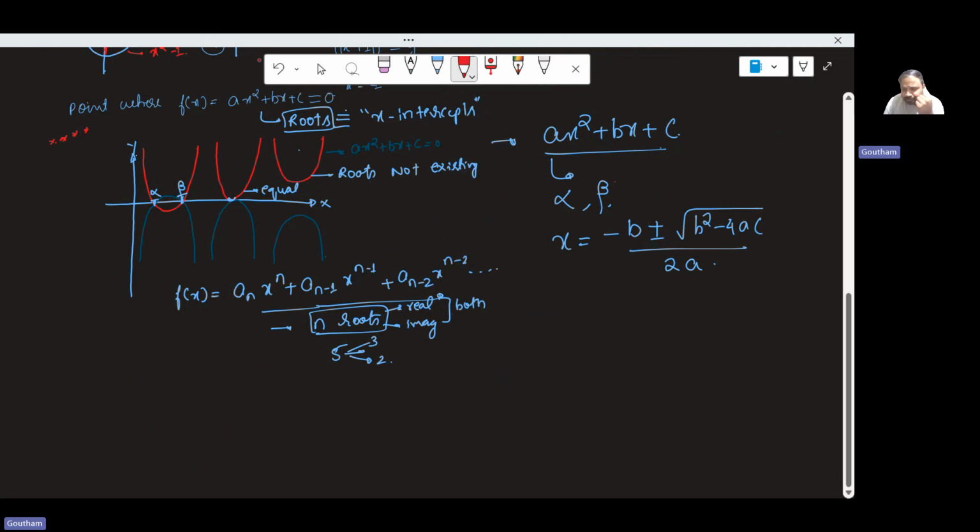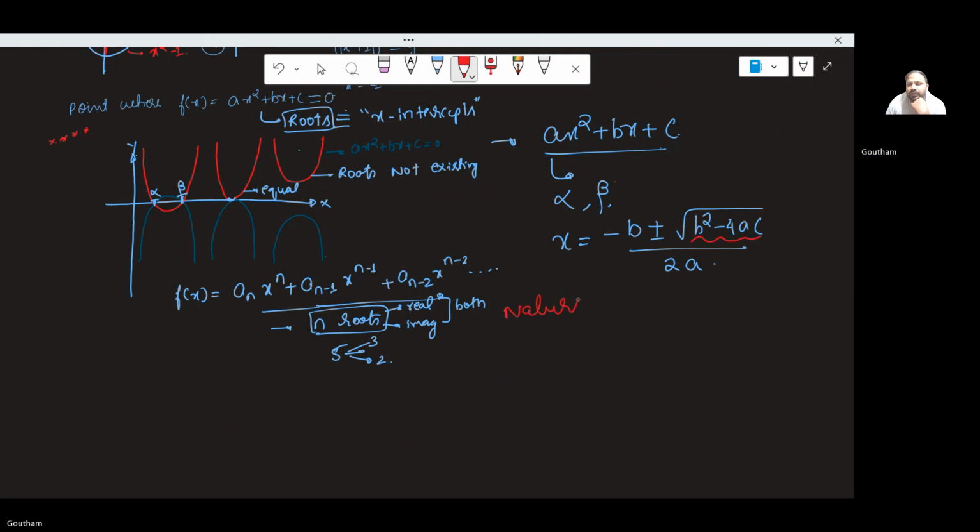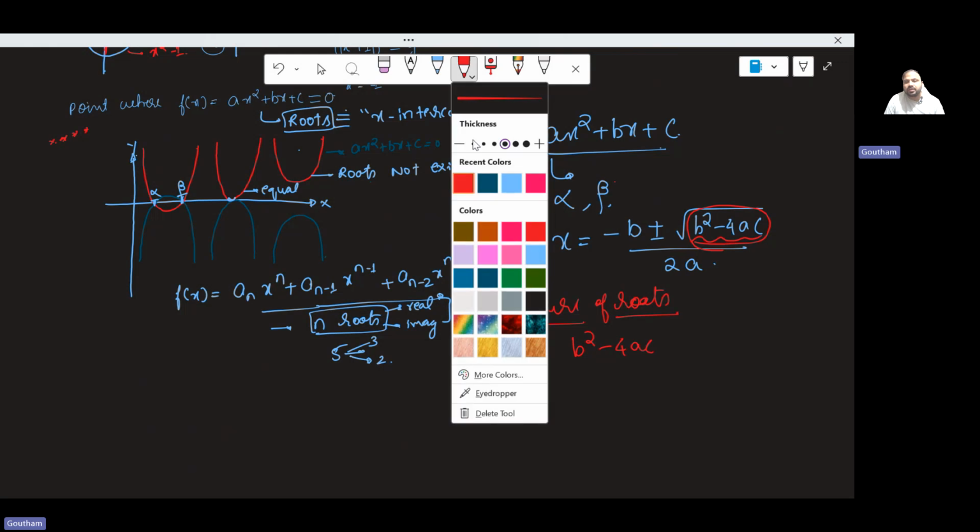Now, sir, what is the nature of roots, gentlemen? You can definitely tell whether the roots are real or imaginary according to the value present within the square root. Now look at this value, b square minus 4ac. Just observe this.